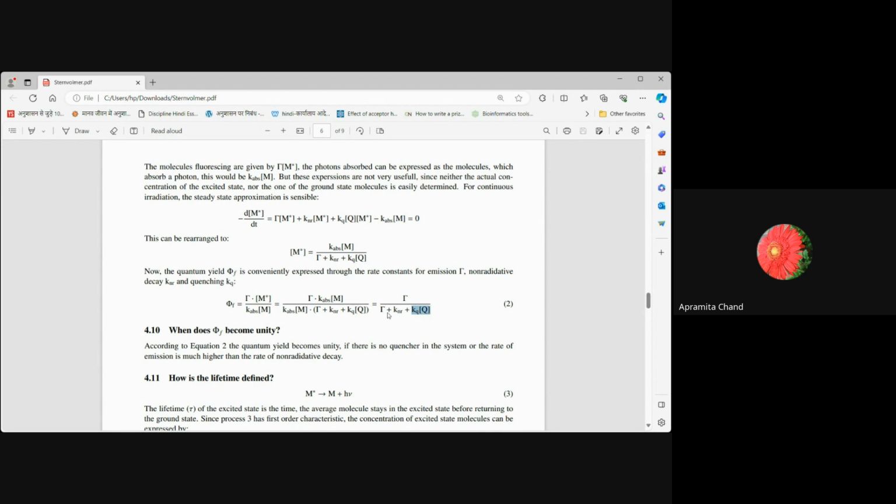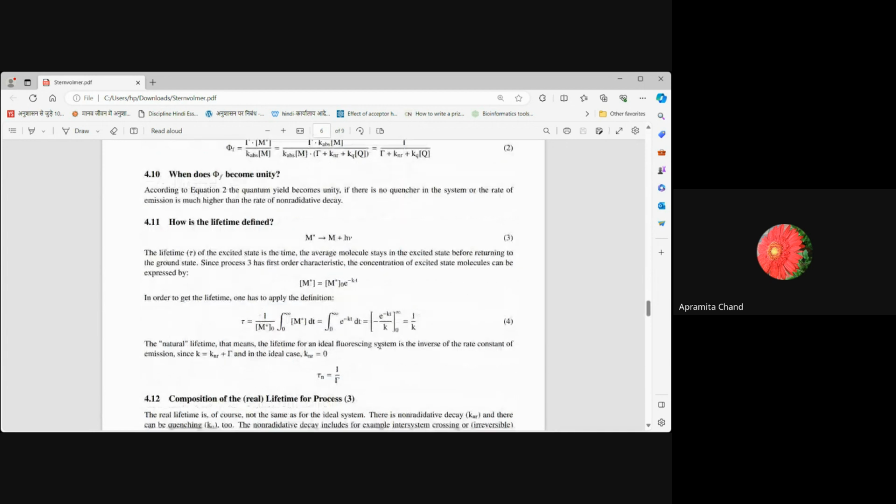Also, if the rate of emission is much higher than the rate of non-radiative decay, then KNR will be very small and negligible. So we will be left with the rate constant for emission divided by the rate constant for emission, and that will be unity. So phi f becomes unity if there is no quencher in the system and the rate of emission is much higher than the rate of non-radiative decay. I hope that is clear.